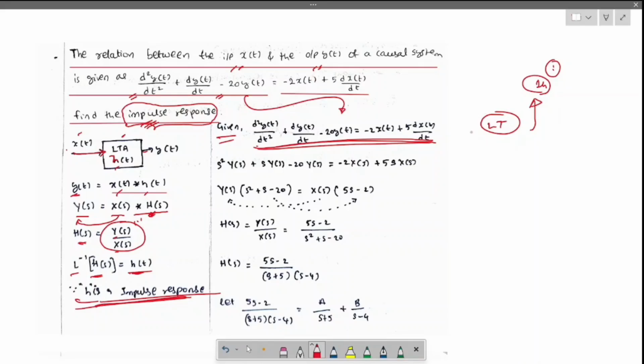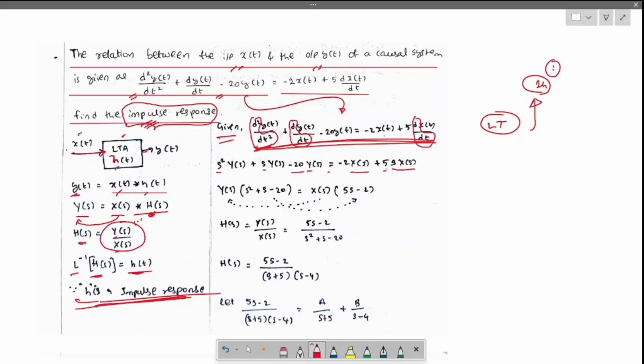Now from the Laplace, we can write d²/dt² as s², and d/dt as s, minus 20 y(s) equals the same thing for x(t) also, x(s), and 5 s x(s), which is only a single term, right?